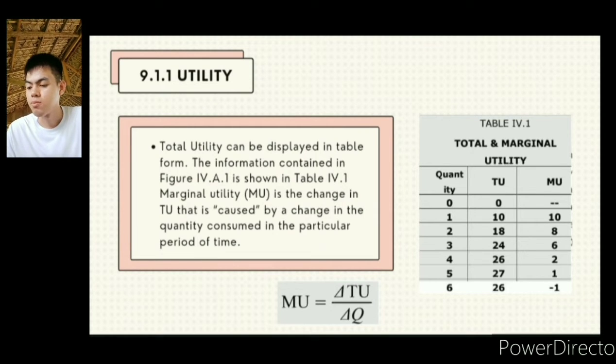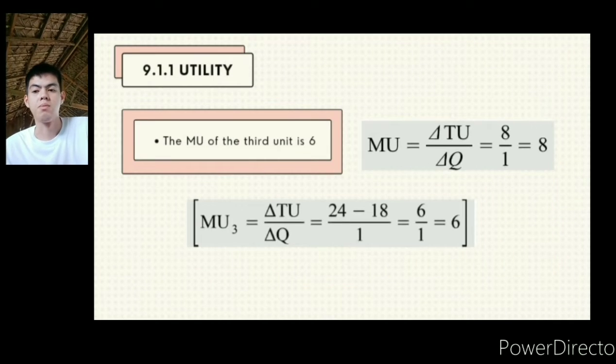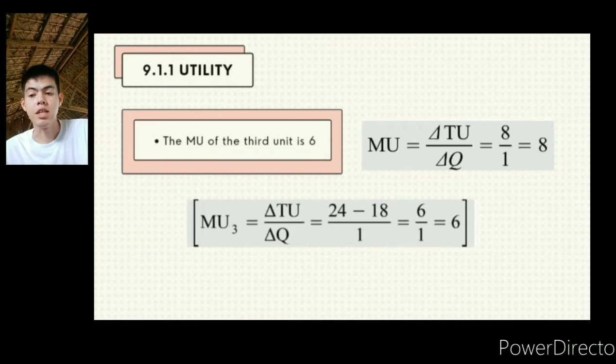So nakuha yung marginal utility through subtracting the total utility from the upper utility. Then divide by 1. Like in this presentation. The marginal utility of the third unit is 6.